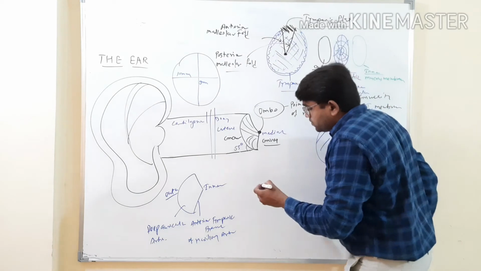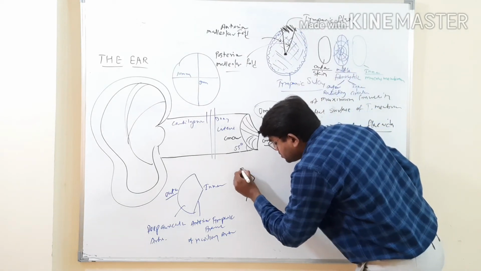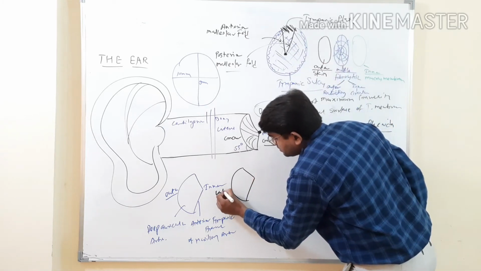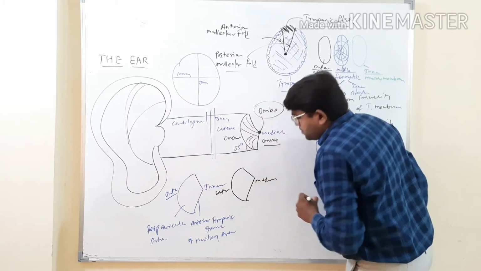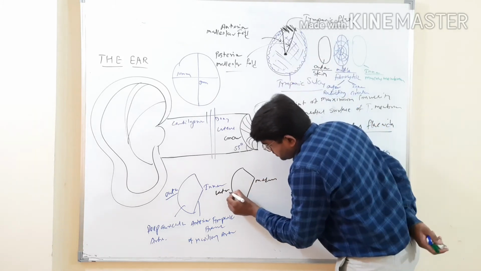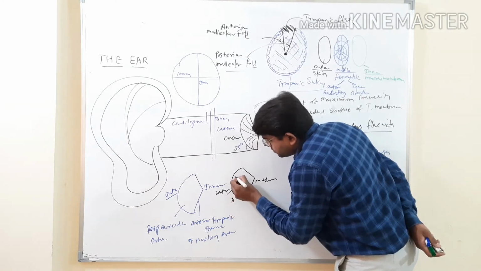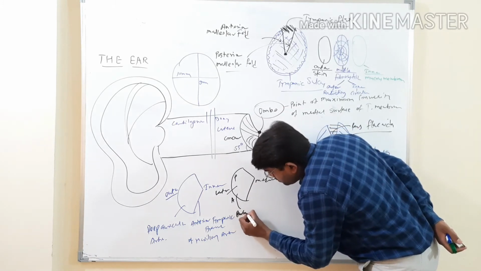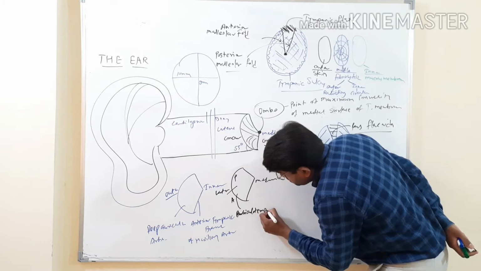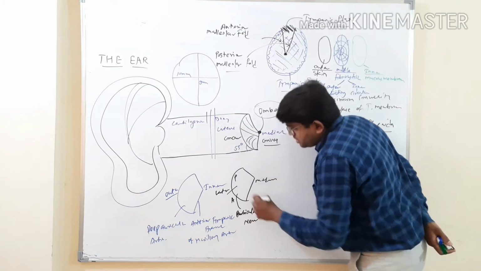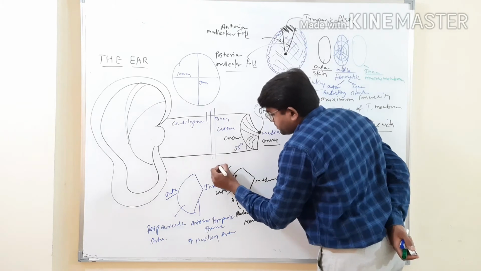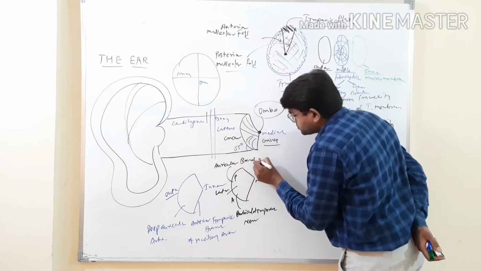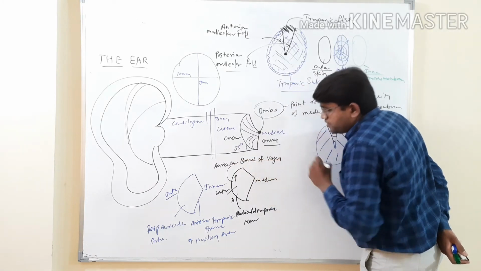Now the nerves. Which nerves innervate it? There are two surfaces, a lateral surface and a medial surface. On its lateral surface, there is an anterior part and a posterior part. The anterior part is innervated by the auriculotemporal nerve, and its posterior part is innervated by the auricular branch of the vagus nerve.